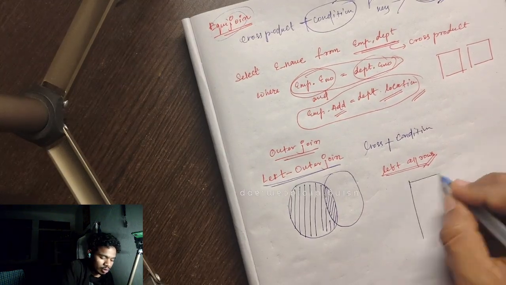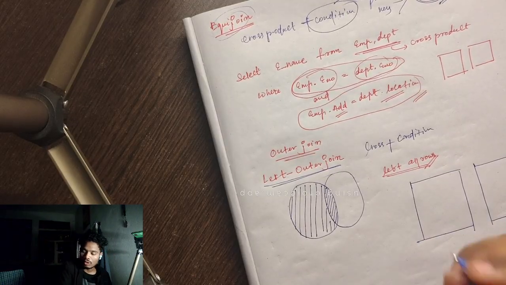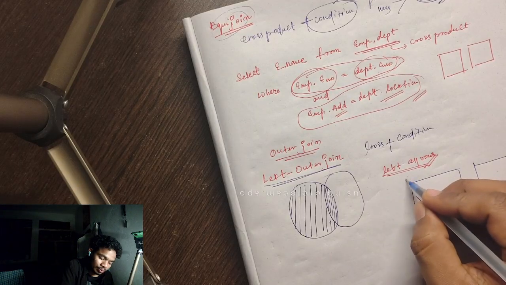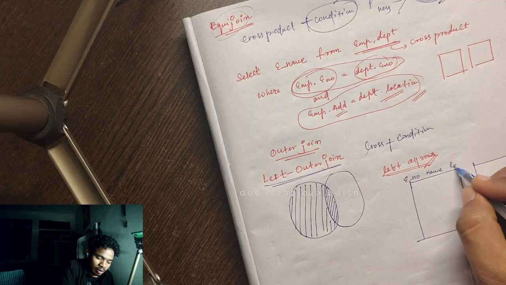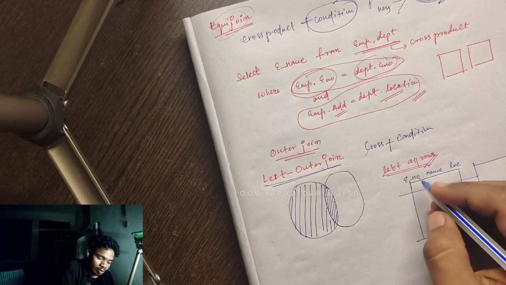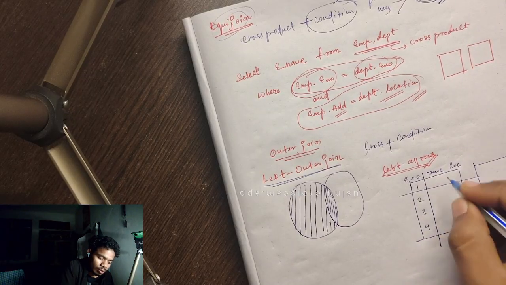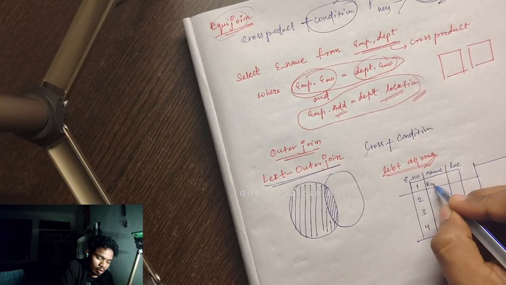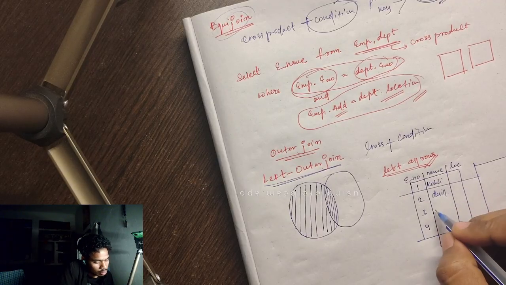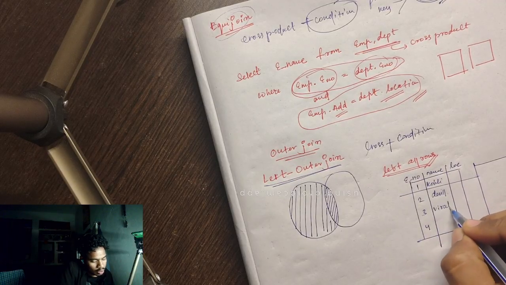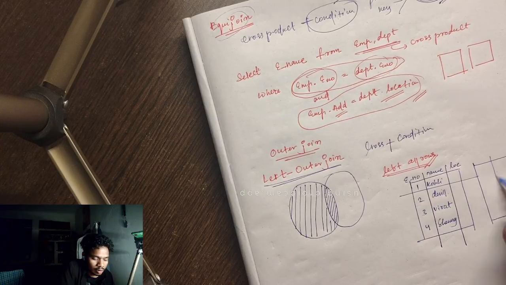Let's suppose this is one table with employee number, name, and location: one, two, three, four, Kohli, De Villiers, Virat, Sehwag.